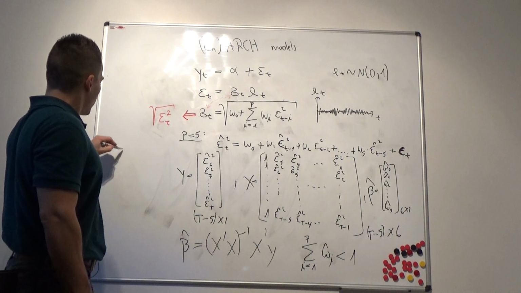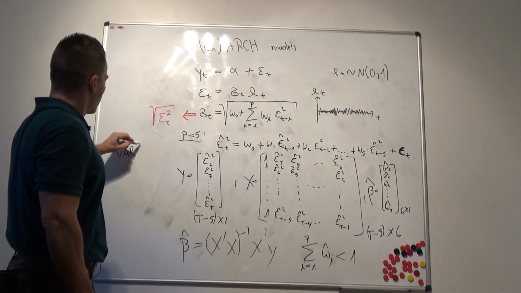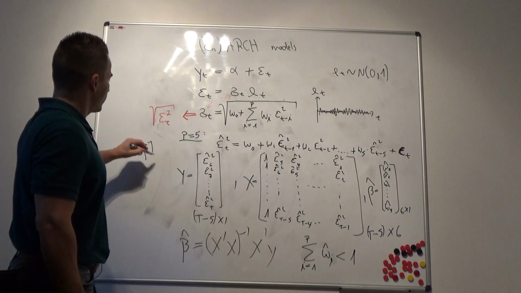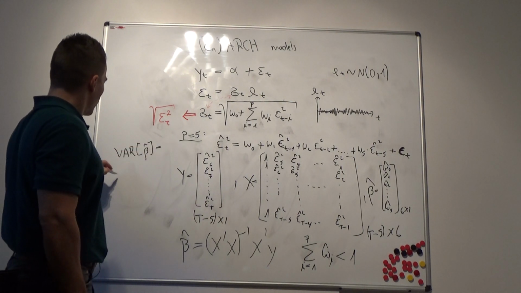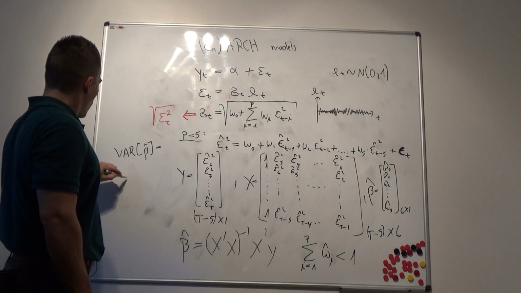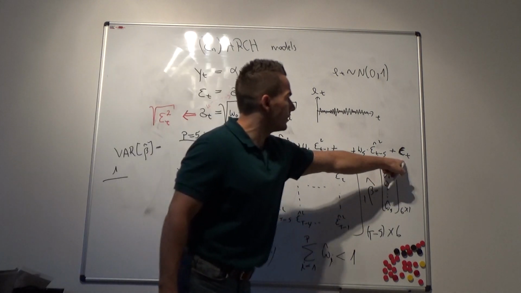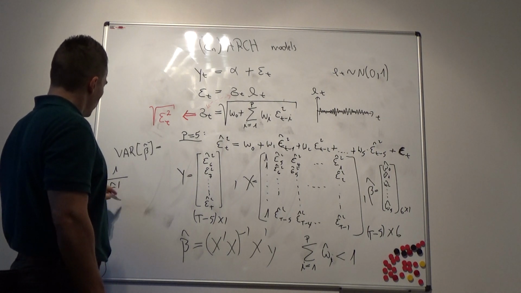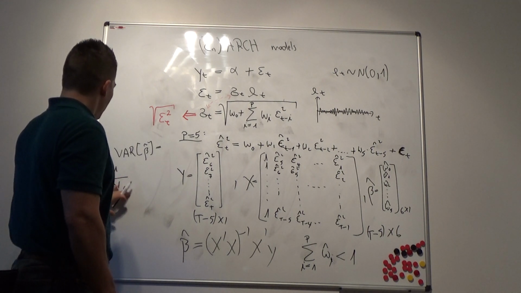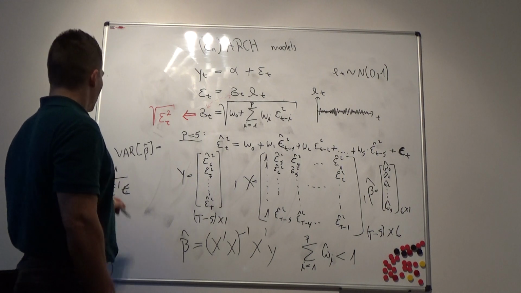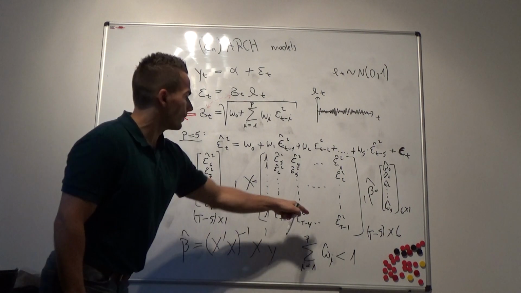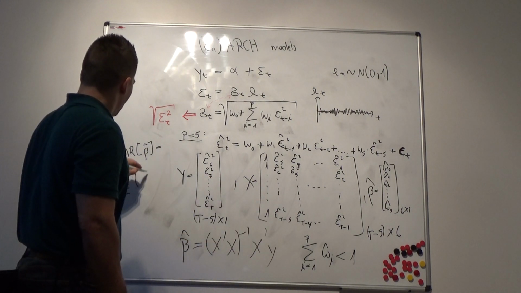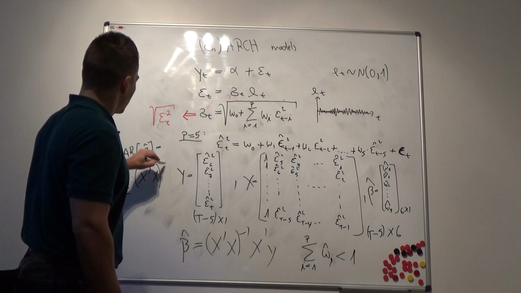So the variance of our point estimator is defined as 1 over the number of observations times the residual vector transposed times itself, times our matrix X transpose X inverted.